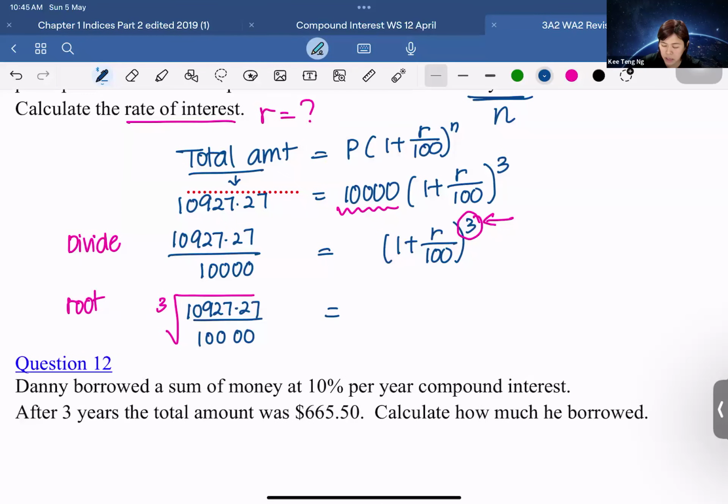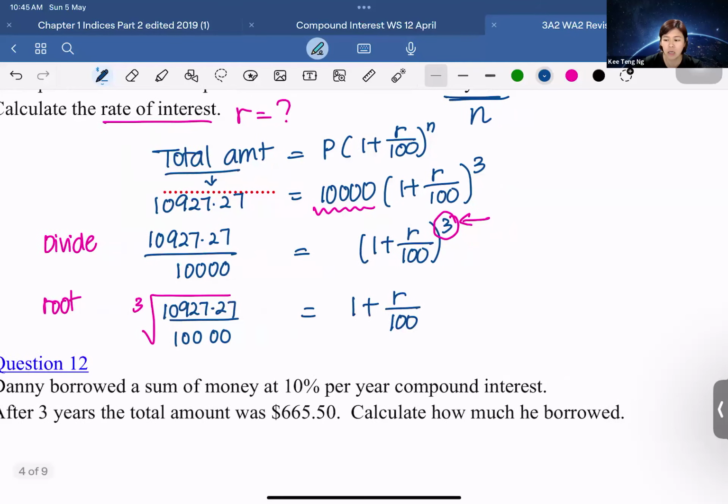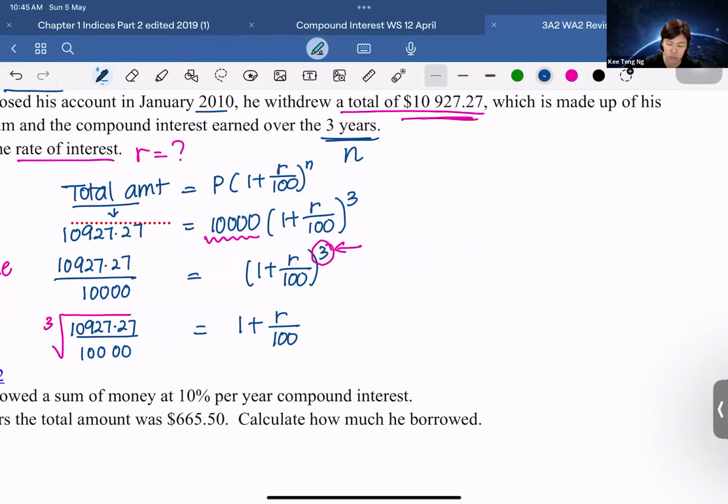And that gives me 1 plus R over 100. Okay, so maybe now it's time I need to key this number. Cube root of 10927.27 over 10,000. Okay, and that ends up with the number 1.03. Okay, equals to 1 plus R over 100.